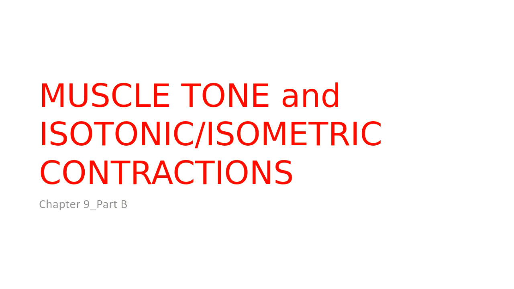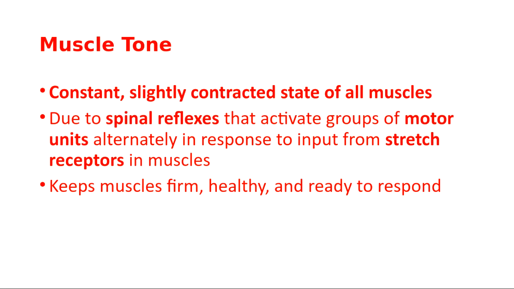And first, the concept of muscle tone refers to the slight contraction that skeletal muscles sustain at any given time. This is due to spinal reflexes, which let us know that even though skeletal muscle contraction is voluntary, it doesn't always have to be voluntary.